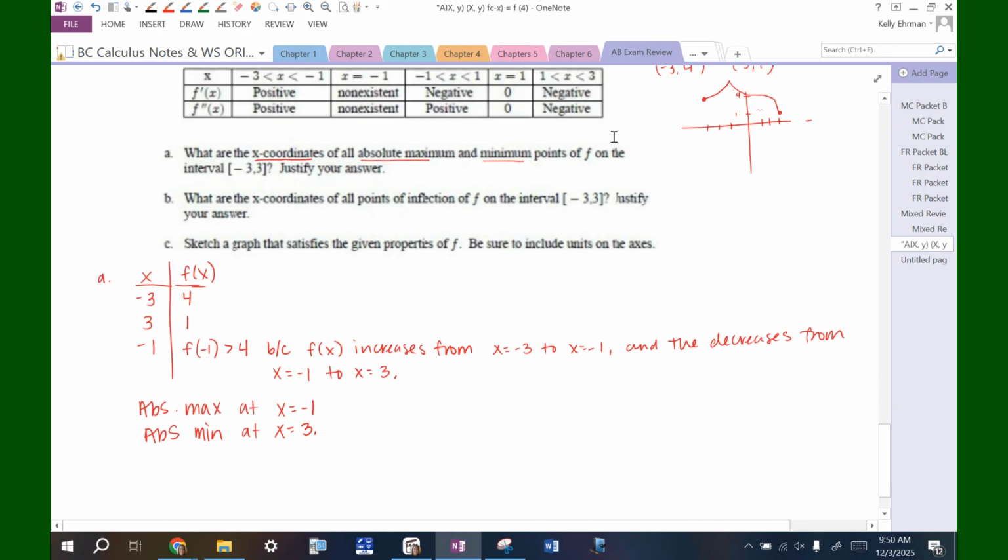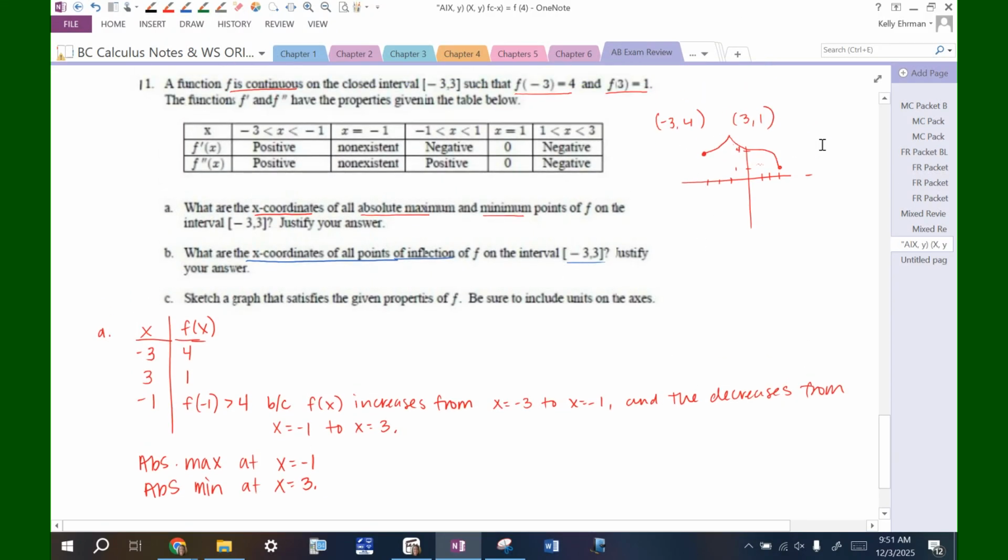So that's it. All right, part B. What are the x coordinates of all points of inflection on the interval -3 to 3? Points of inflection happen when concavity changes, and remember, that happens where f double prime changes signs. It does not change signs on either side of x equals -1.